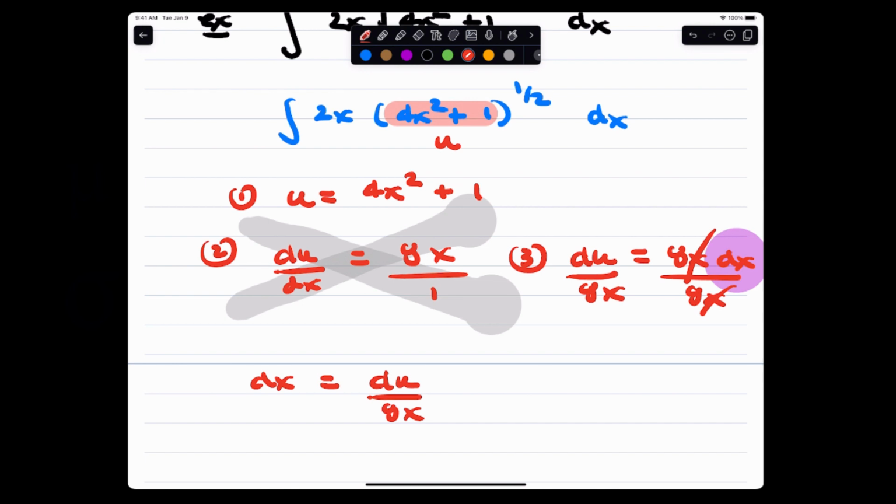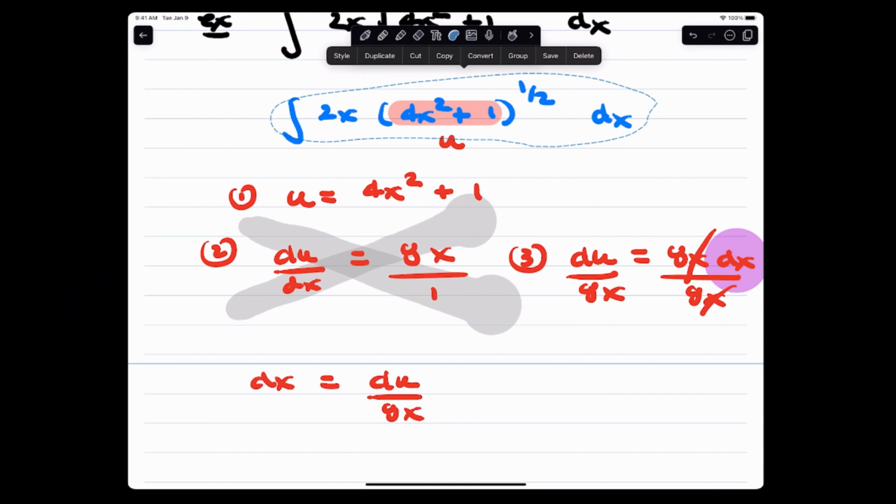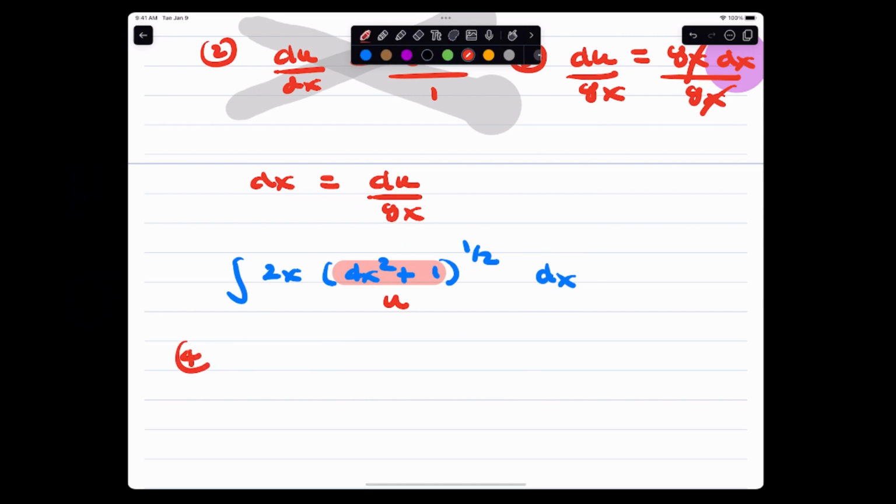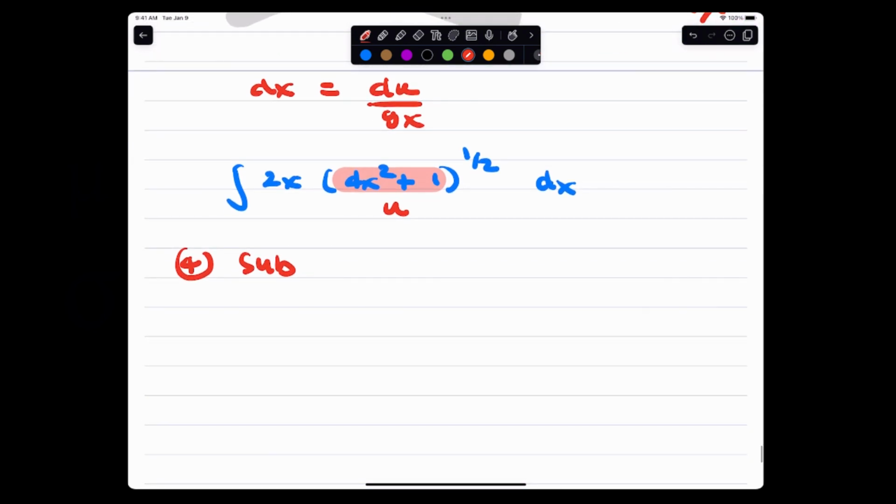Okay, what is step number 4? Do you guys remember what step 4 is? I'm going to bring this down, or copy. Remember that fourth step? You substitute, right? So tell me if you guys agree.